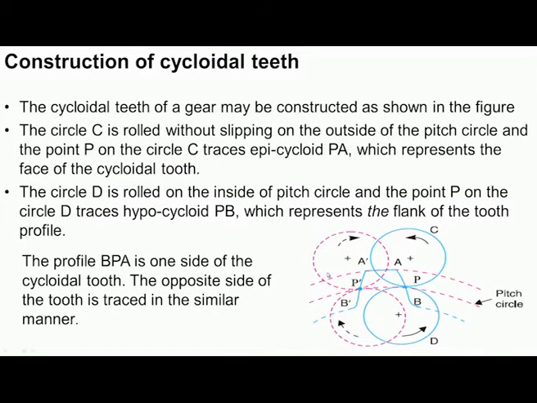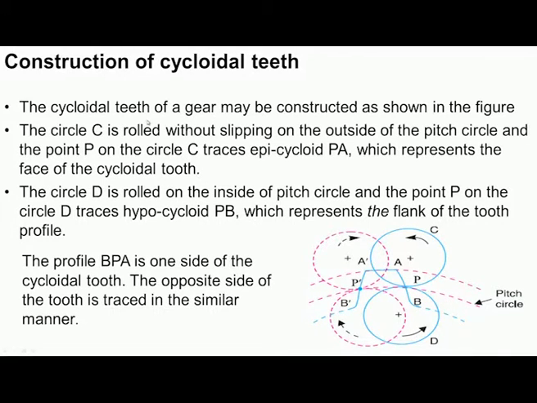Now, let us learn how to construct a cycloidal path. You can see here we have a fixed circle known as the pitch circle, and then we have a rolling circle C, which rolls on the outside of the pitch circle, and we have another circle D which rolls inside the pitch circle.